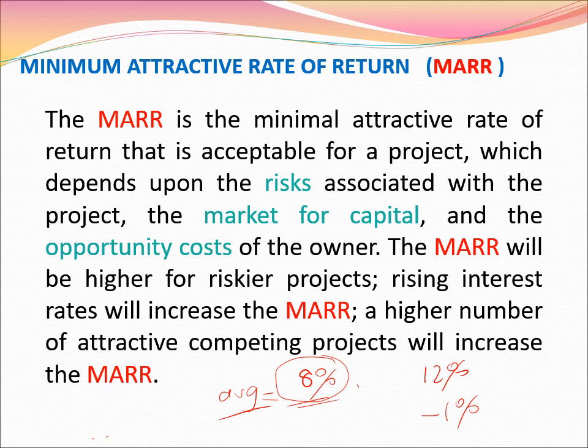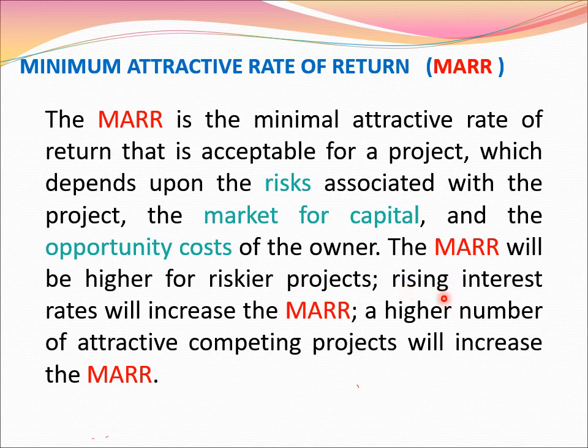So you can think about this as a risky project, because yes, on average you are earning 8%, but there is a high risk of losing your money, or a high risk of earning less than this one. And if the project is risky, then you usually set your minimum attractive rate of return, or MARR, to a higher value.